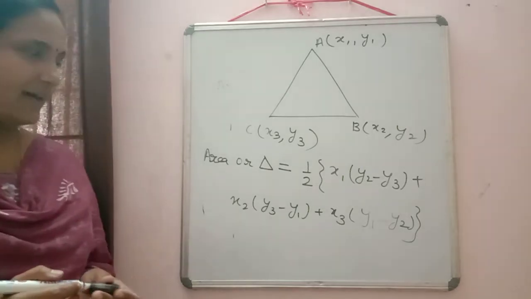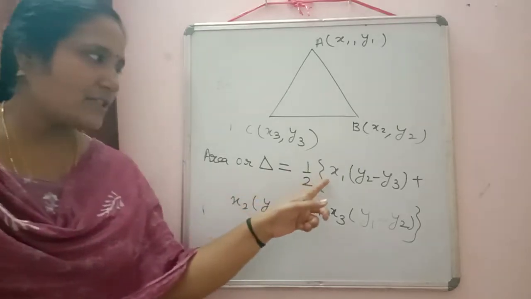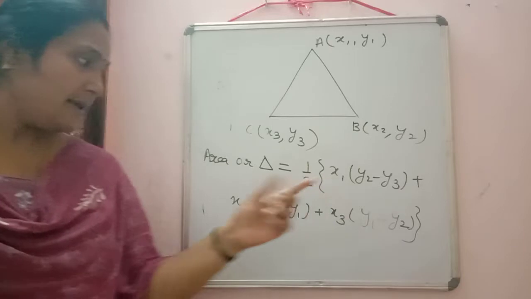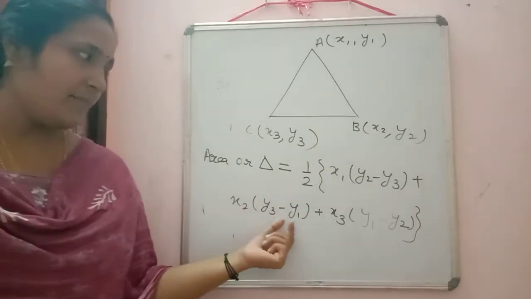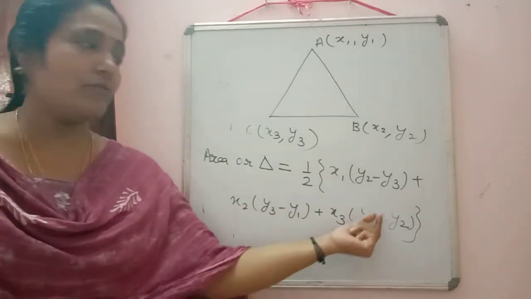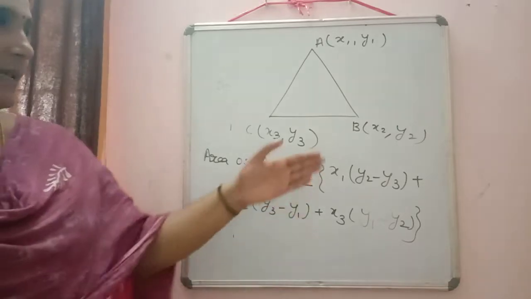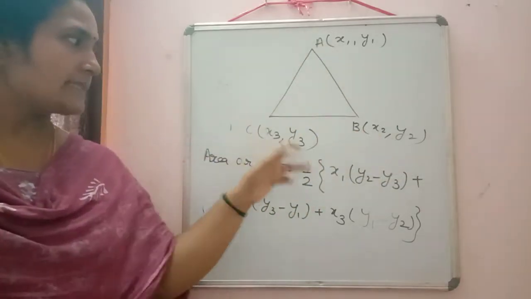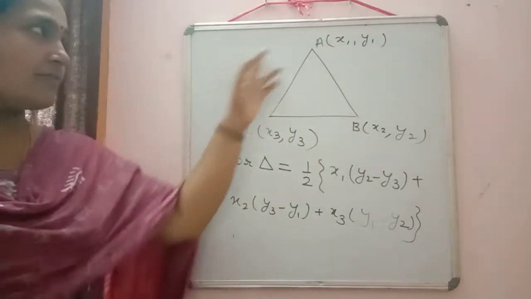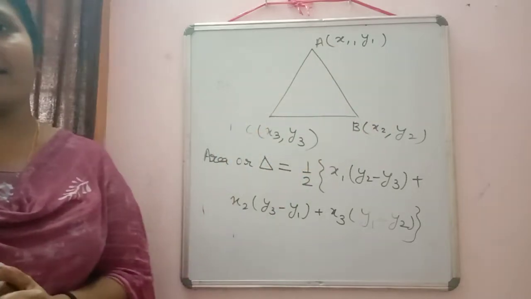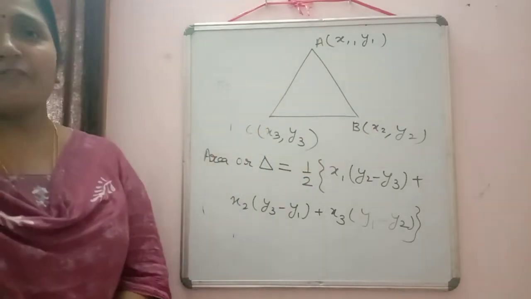Clear the formula? Here (x1, y1), (x2, y2) and (x3, y3) are the coordinates of the vertices of the triangle. Such a big formula.